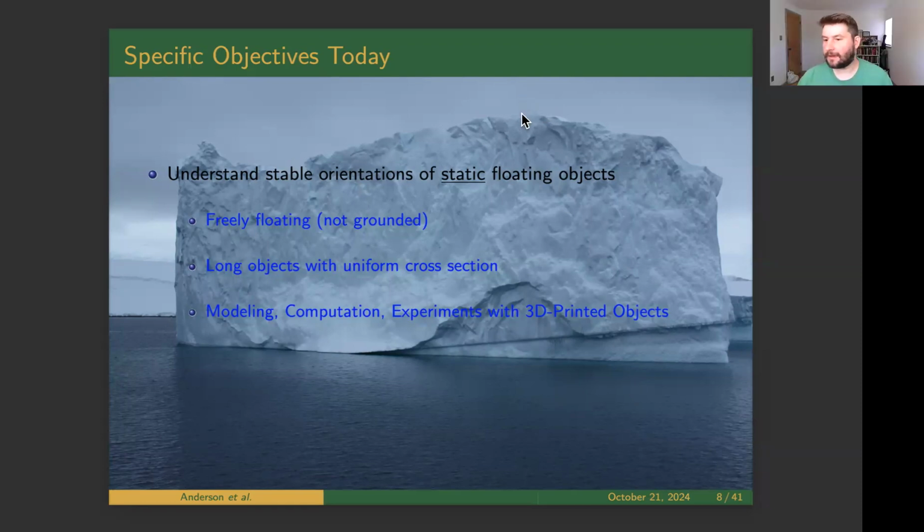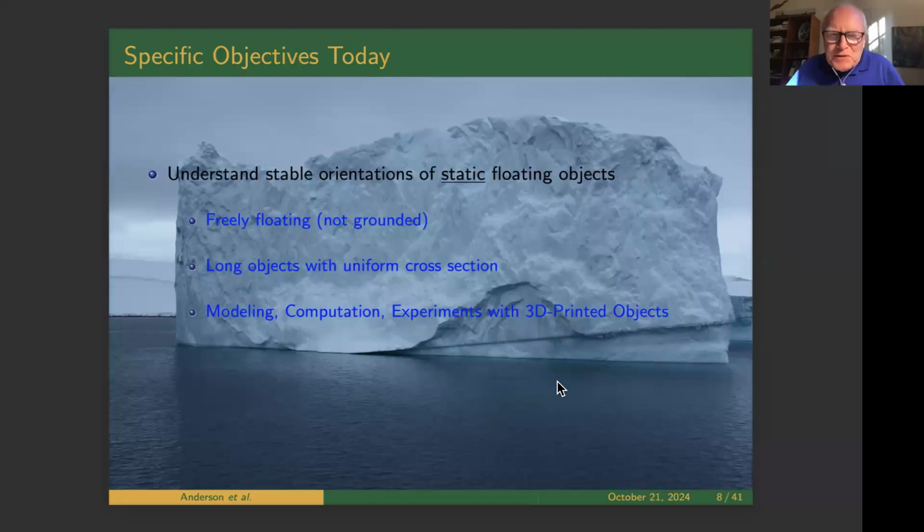Okay, if I may ask one more question. Sure. Is it possible to simulate or to design an experiment where you have a tumbling iceberg that keeps turning on a time scale of God knows how many years? That would be an interesting project. How does the geometry influence the motion of the iceberg as it melts underneath or on the side or whatever? Yeah.